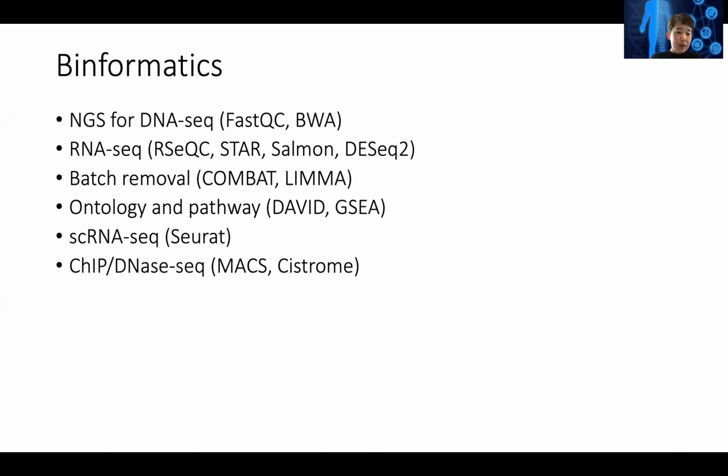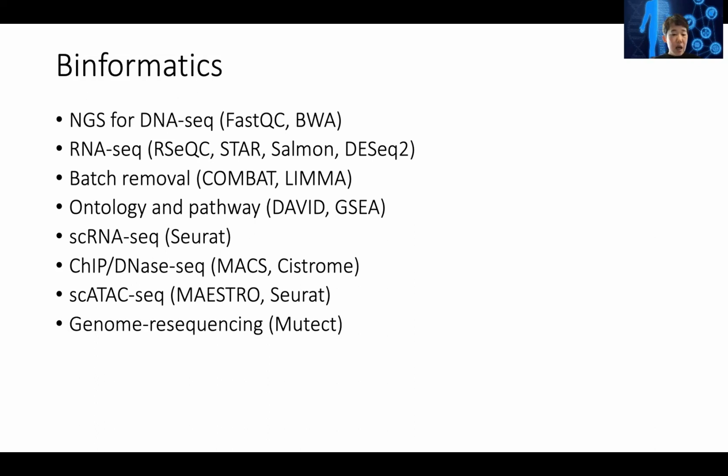For ChIP-seq, DNase or ATAC-seq, we talk about MACS and Cistrome. And single cell ATAC-seq, you have some exposure on Maestro followed by some Seurat functions. And for genome sequencing, I guess we didn't specifically tell you how to run MuTect because it's a pretty time-consuming effort, but at least you can look at the MuTect result.